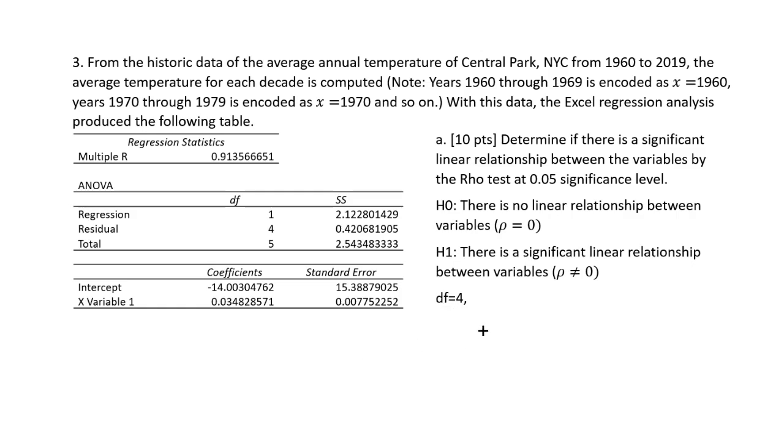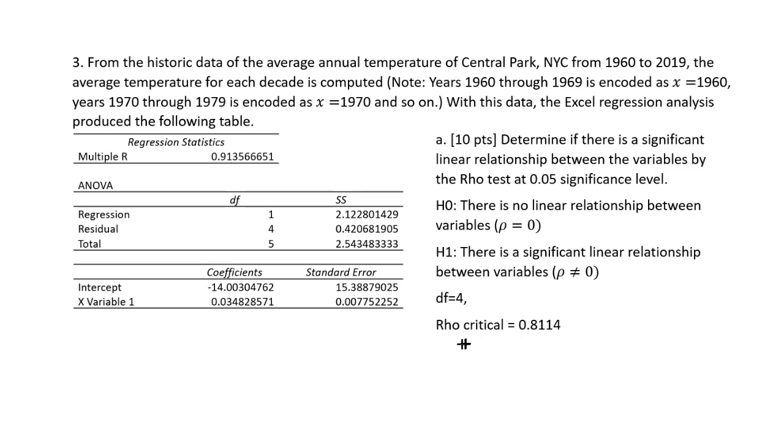Okay, so because residual here is 4 and that's n minus 2, it looks like we have 6 entries of data. Yeah, and seems right because it's 60, 70, 80, 90, 2000, 2010. So that's 6. Okay, so you can also have it that way. So anyways, we have the degrees of freedom equal to 4.